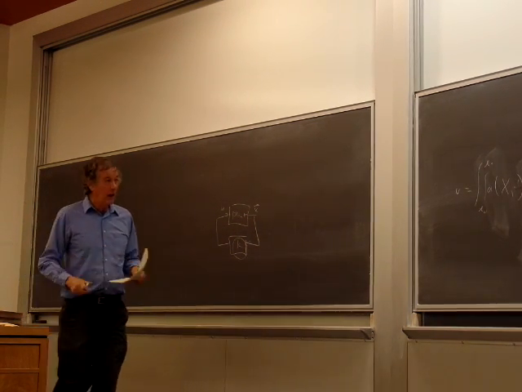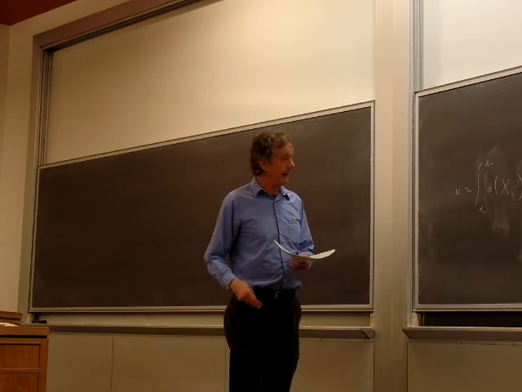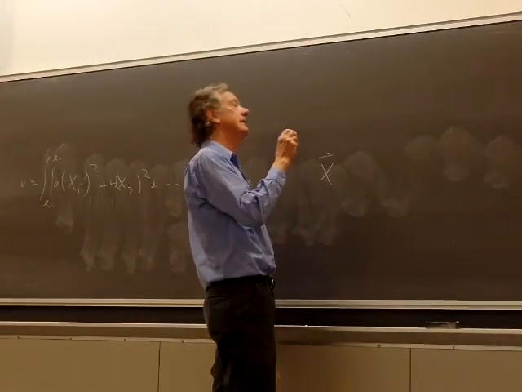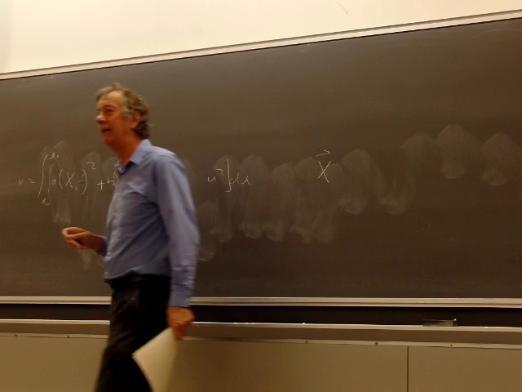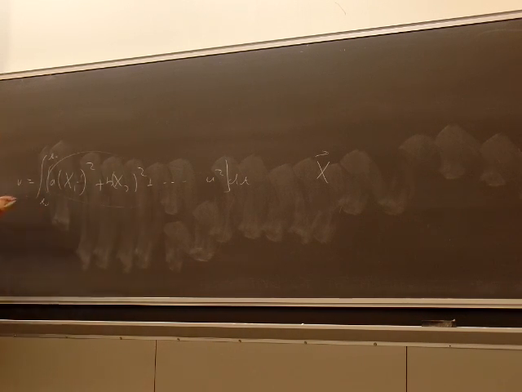Okay. Well, I have all these squares here, and x is really a vector. X is a vector. Right? There's a nice way of writing all these things squared with vectors.